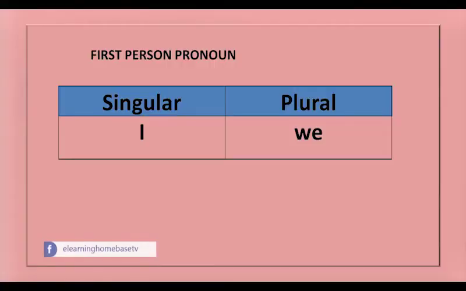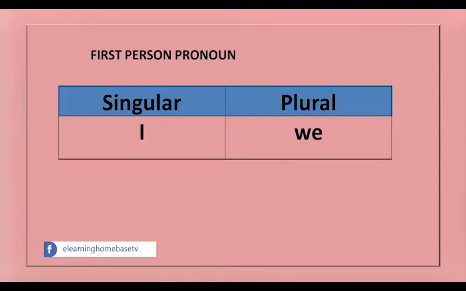Now we want to move on to the first person pronoun, second person pronoun, and third person pronoun. On our screens, we've projected the first person pronoun. The singular is I. Wherever you see I, it's a singular first person pronoun.